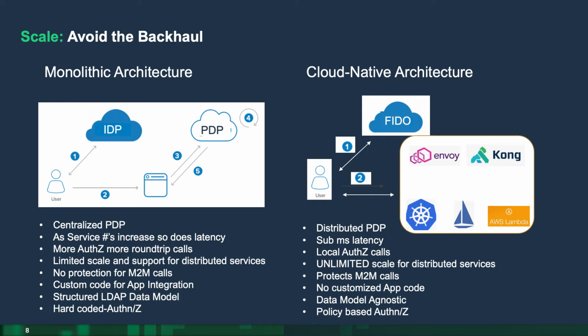So if I look on the right-hand side at what's happening in the cloud native architectures, well, I have an authenticator. I've separated apart my authentication context from my authorization context. So I turn a 5-step transaction into a 2-step transaction. I get my authenticator, and then I go straight to my services, which have localized PDPs.